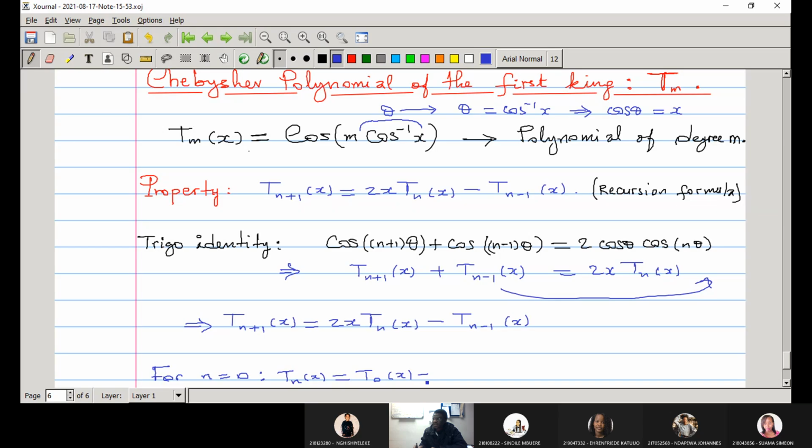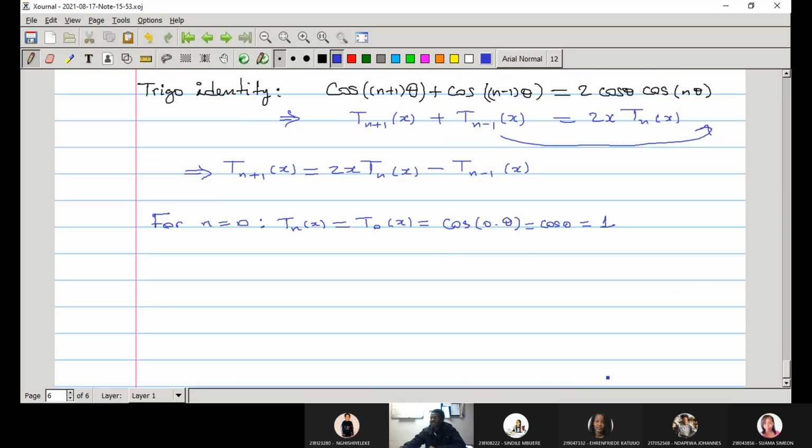And what is T0 x? It's equal to cosine of 0 times theta, which is cosine of 0, and cosine of 0 is 1. So you can see already that for n equal to 0, T0 x is 1.